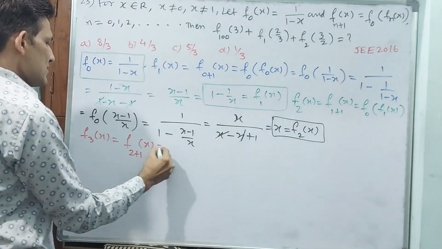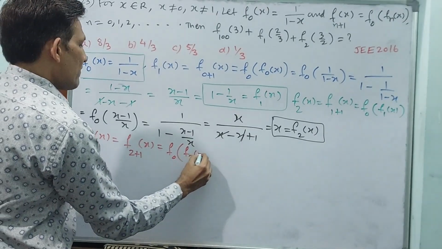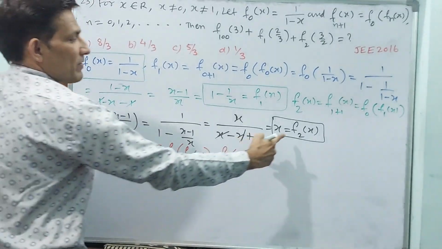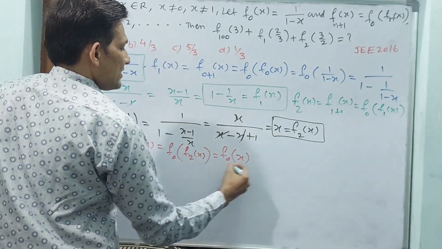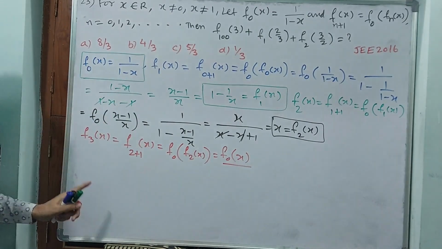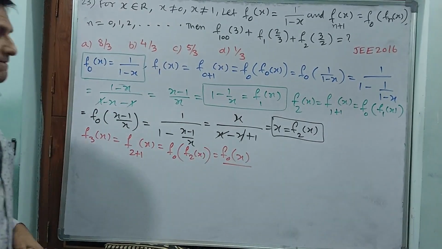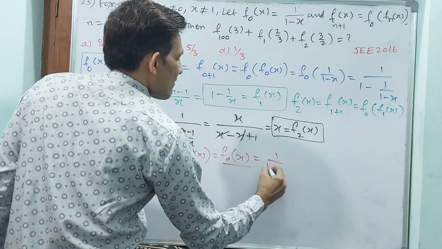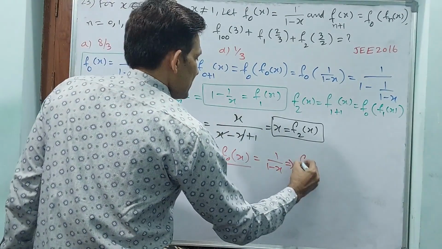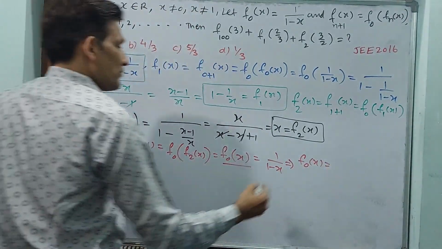That is equal to f0 of f2 of x, which means x. f0 of x has become again this one. Simple. f0 of x is 1 by 1 minus x. This implies f0 of x is equal to f3 of x.